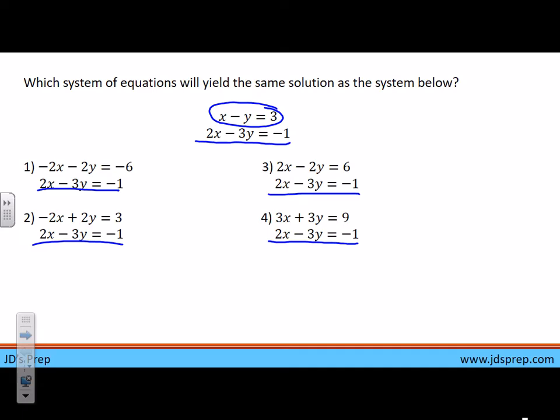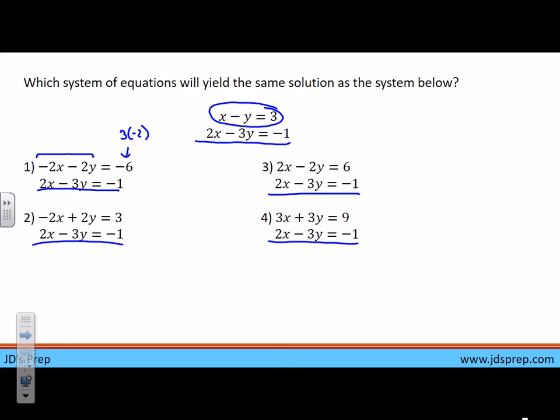So for instance, if I'm looking at number 1 here, in order to get to the negative 6, I have 3 times negative 2. So if this left side is negative 2 times x minus y, then I have an equivalent system of equations.